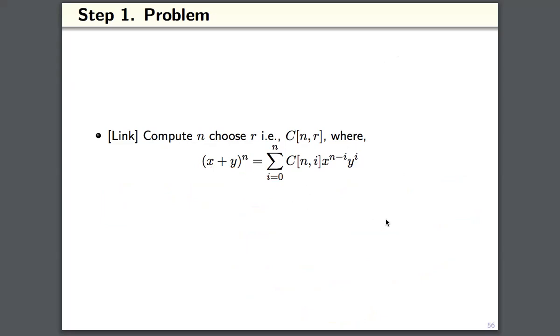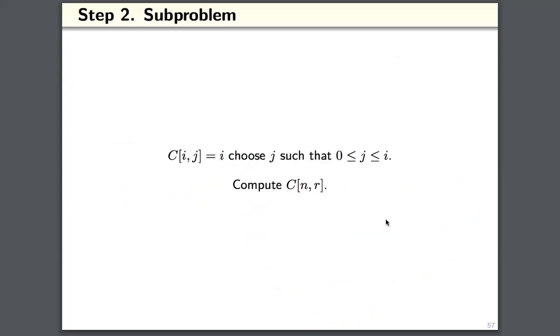So that was just some motivation. Let's go to the subproblem. Now you know that C(i,j) is i choose j, such that j is upper bounded by i, and j is lower bounded by 0.